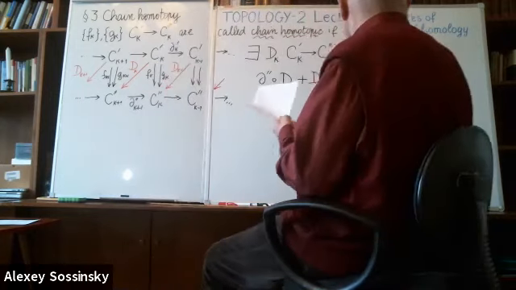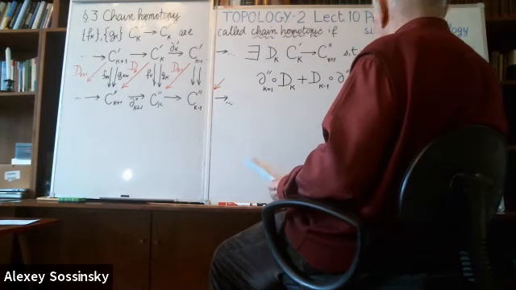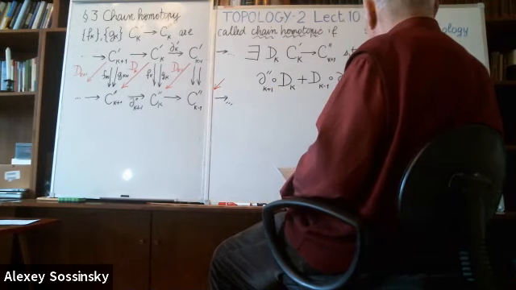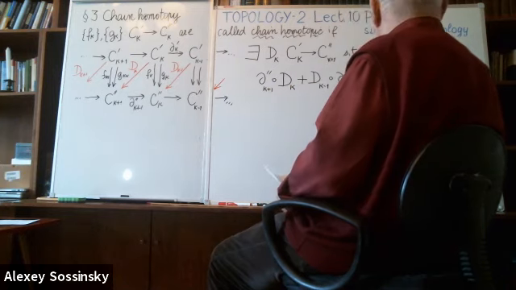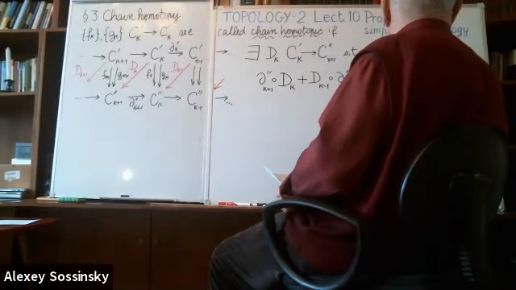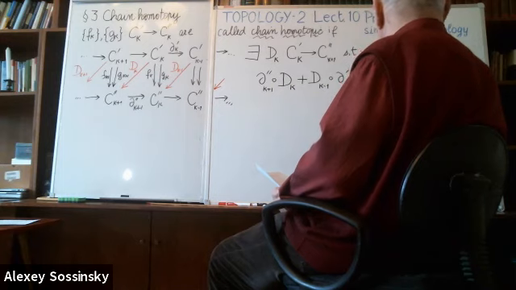Let me draw a kind of diagram. So we have this, this, and this. And what we do, we go like this, and like this, we go like this, and then like this.